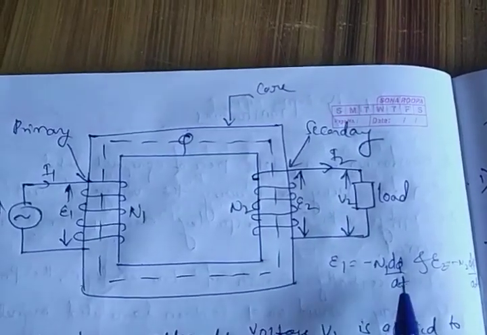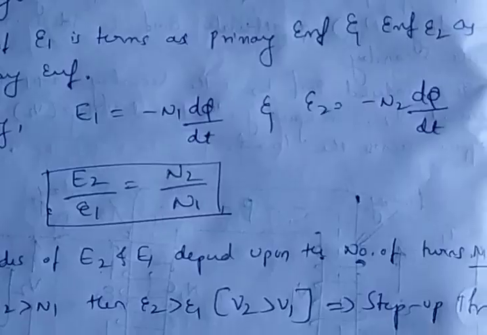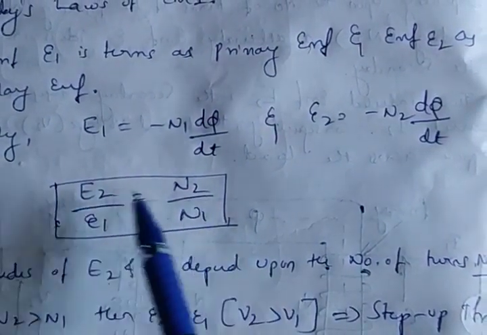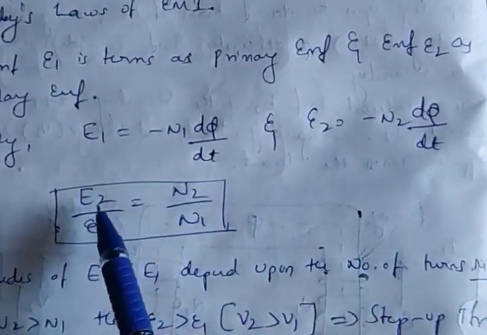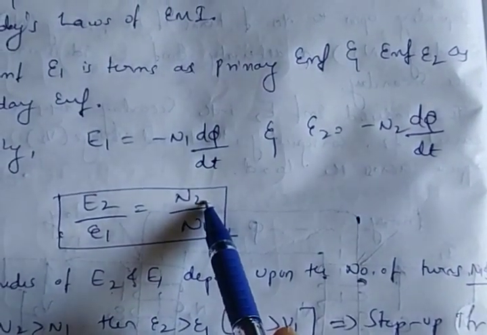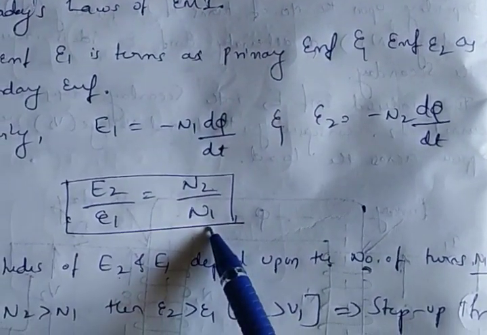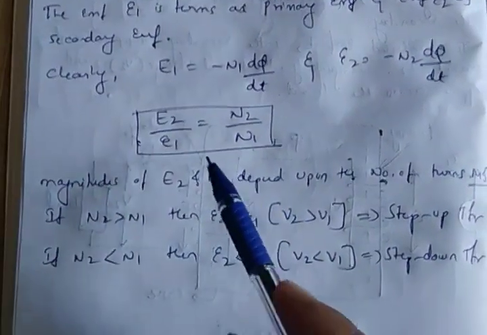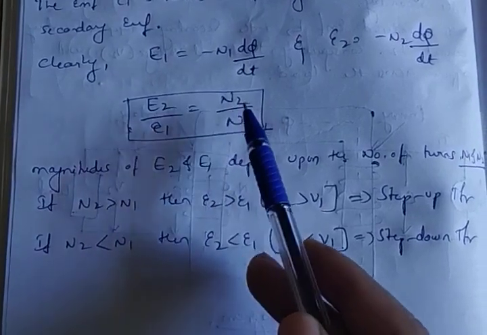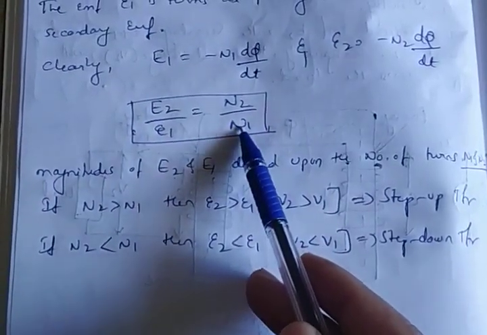And the ratio of E2 by E1: if you divide the E2 equation by E1, you will get N2 by N1, that is the number of turns in the secondary by the number of turns in the primary. So the magnitude of induced EMFs E1 and E2 depends upon the number of turns in the primary and secondary.